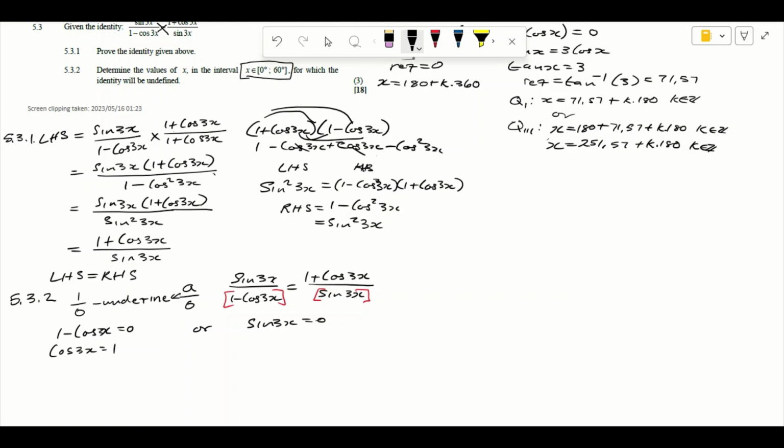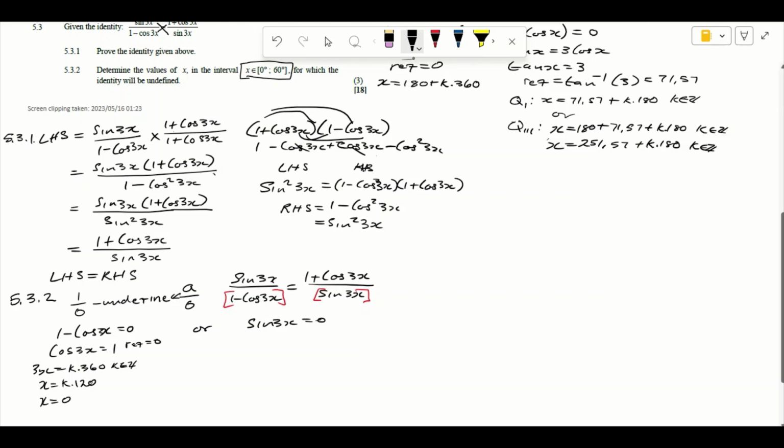In the first quadrant, we have that 3x is equal to the reference angle, cos 1, the reference angle is equal to 0. So it's 0 plus k times 360, where k is an integer. Fine. So now if we divide by 3 both sides, x is equal to k times 120. And if we substitute k as 0, this is going to be 0 times 120, which now x is 0.